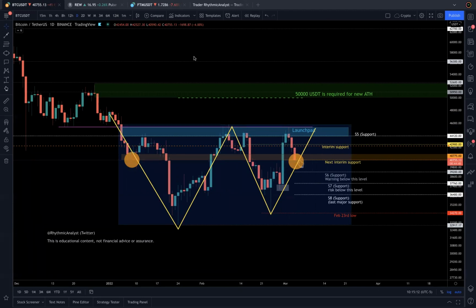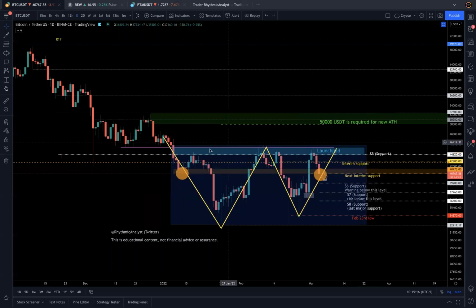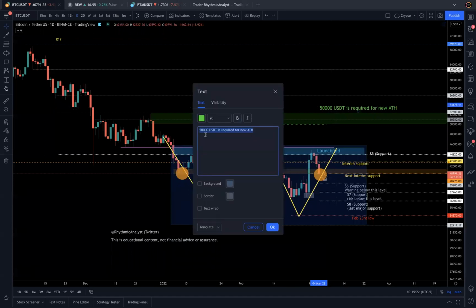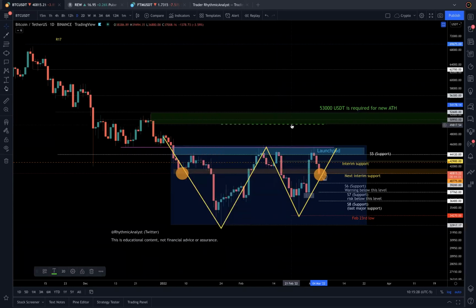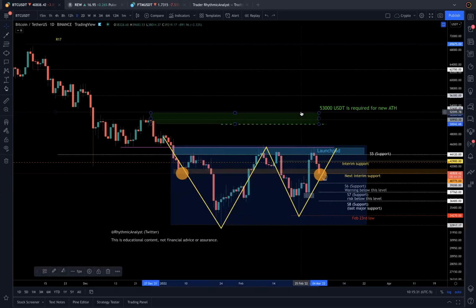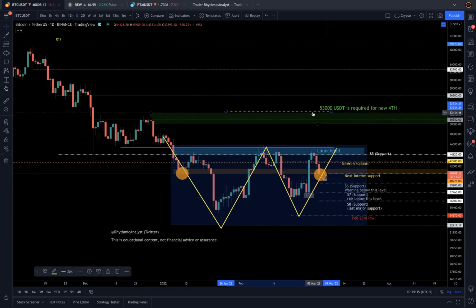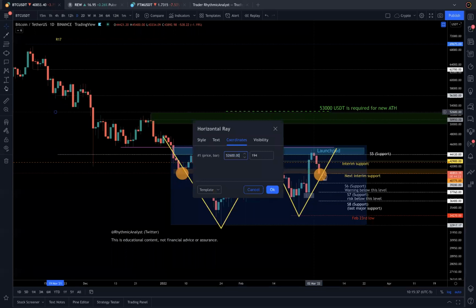But from my experience, if it is able to break above this, maybe I'll change it to 53, because it's a technical level. Maybe I should keep it. If two approvals are needed, 53k would be the second and final approval.